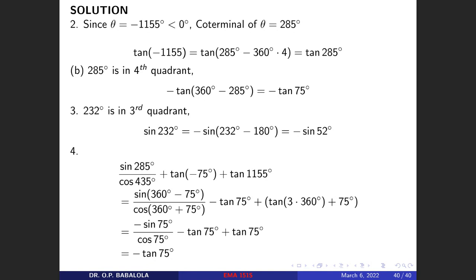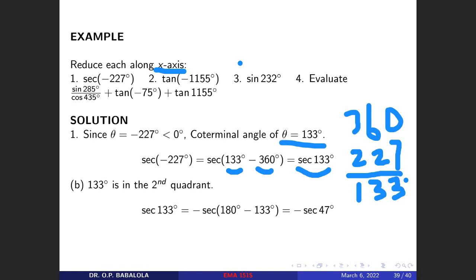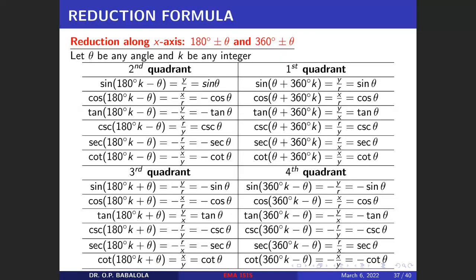Let's go to the third quadrant. I'll take you back to the third quadrant, and we're looking at sine. This is what we'll be considering. So our final answer will actually be minus sine theta. Take note of the sign.